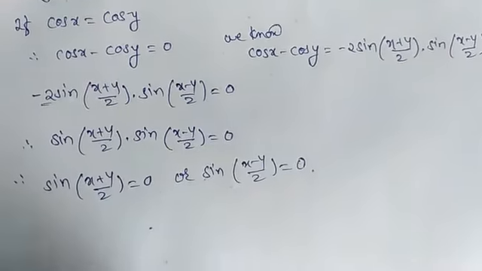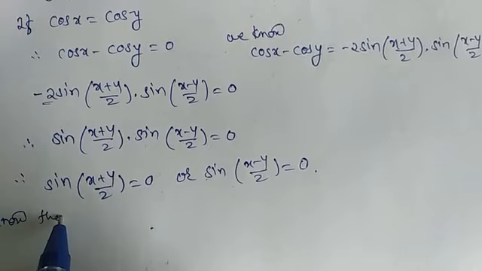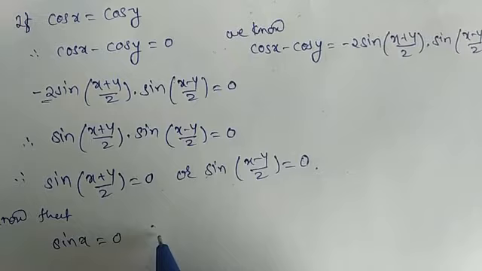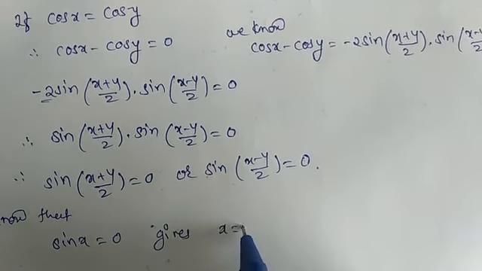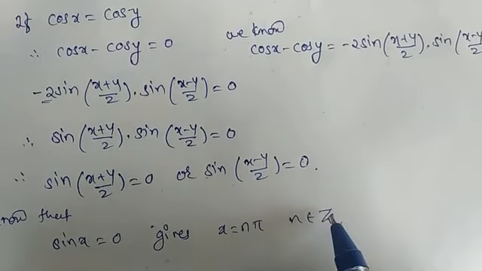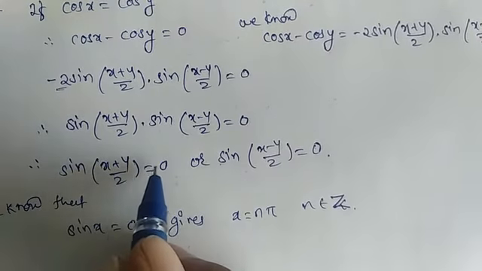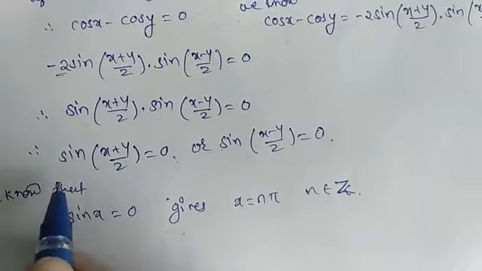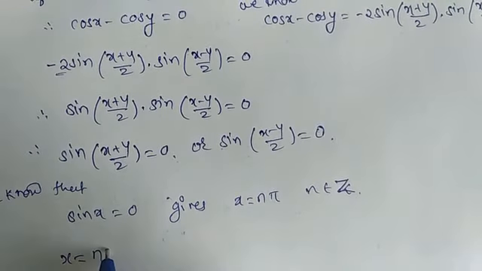Okay, here again we know that sin x is equal to 0 gives x is equal to n pi, where n belongs to Z. So here sin of (x plus y) upon 2 equal to 0, which means x is equal to n pi.